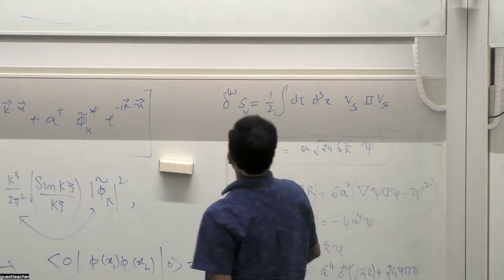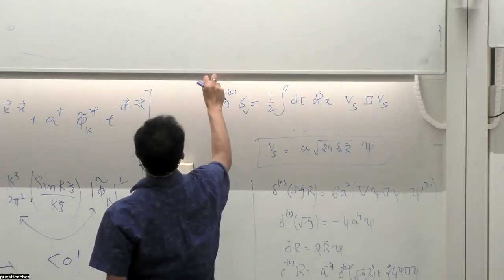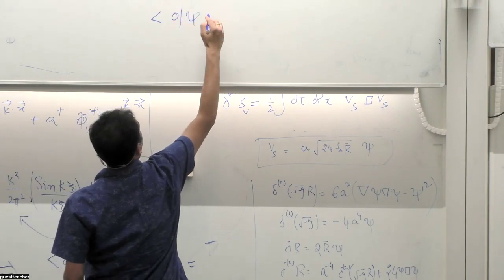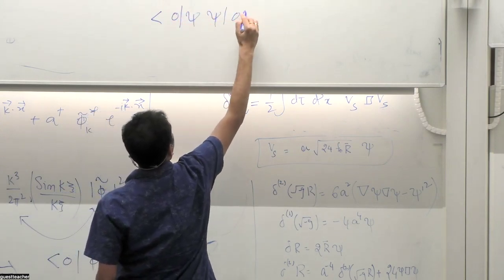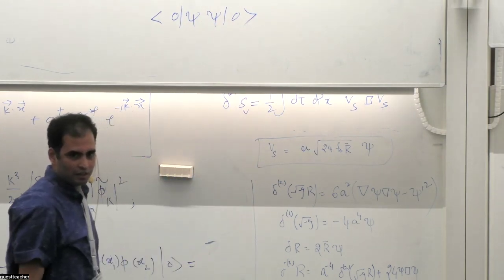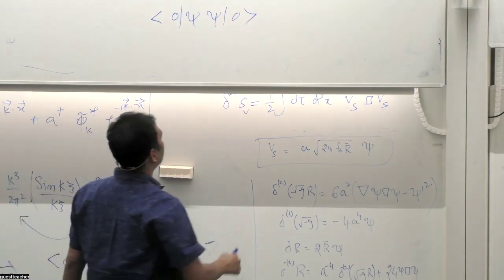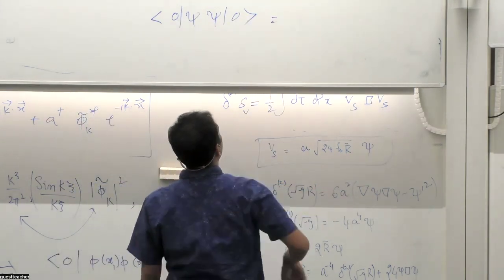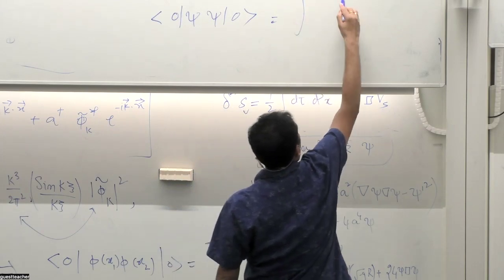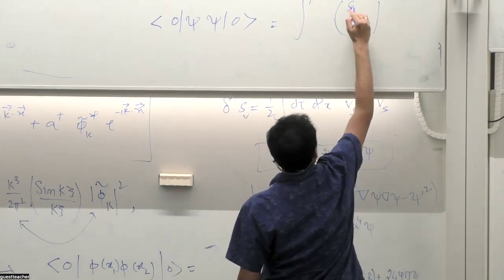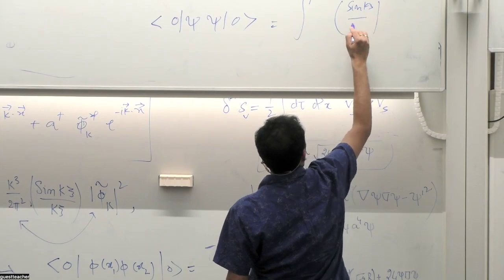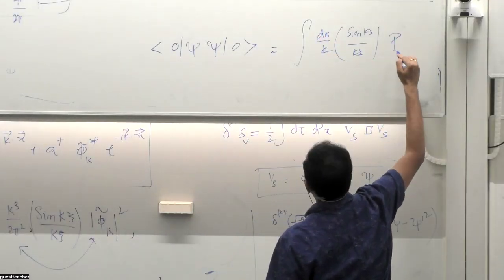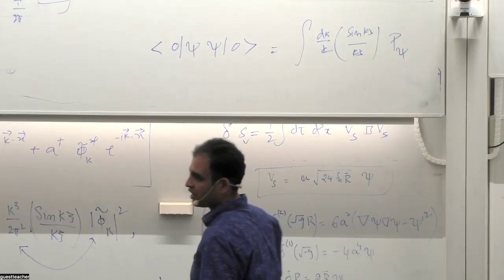If you repeat the procedure, you want to get the correlation function for psi and psi. That is the Bardeen potential. That means this gives you the standard power spectrum, which is sin kr by r, times zeta k by zeta k, dk by k, and some power spectrum associated with this, P psi.